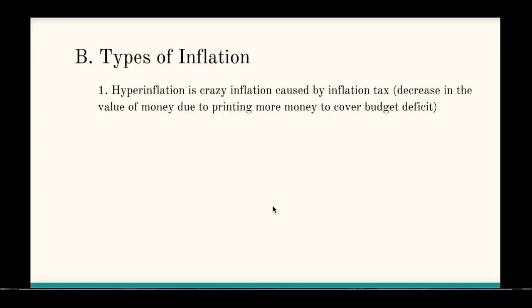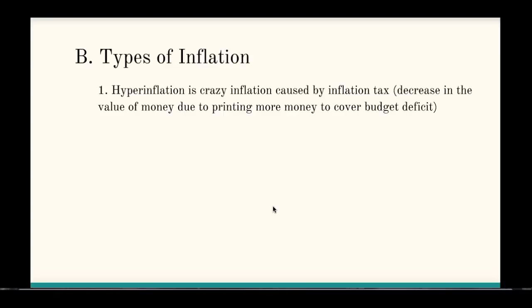And when you get into hyperinflation, it gets this vicious cycle where inflation has happened and people start using the money less. Well, the government can't have that because then they won't get their revenue from printing money. So they say, okay, well, we were collecting X amount of dollars when you were using it, but now you're not using it.